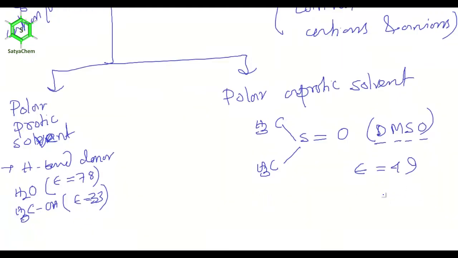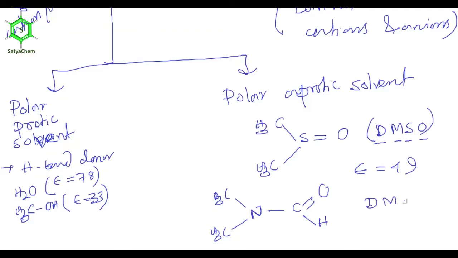Another example of a polar aprotic solvent is DMF. What is DMF? N,N-dimethylformamide. Two methyl groups are attached to nitrogen, and formamide means there should be an amide group. So this is NCO, the amide system.